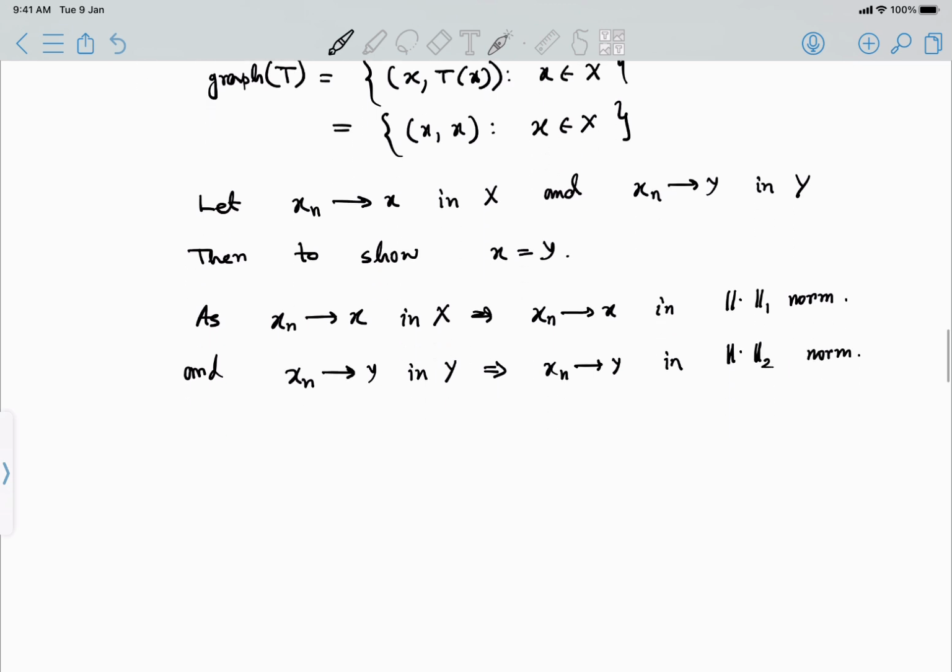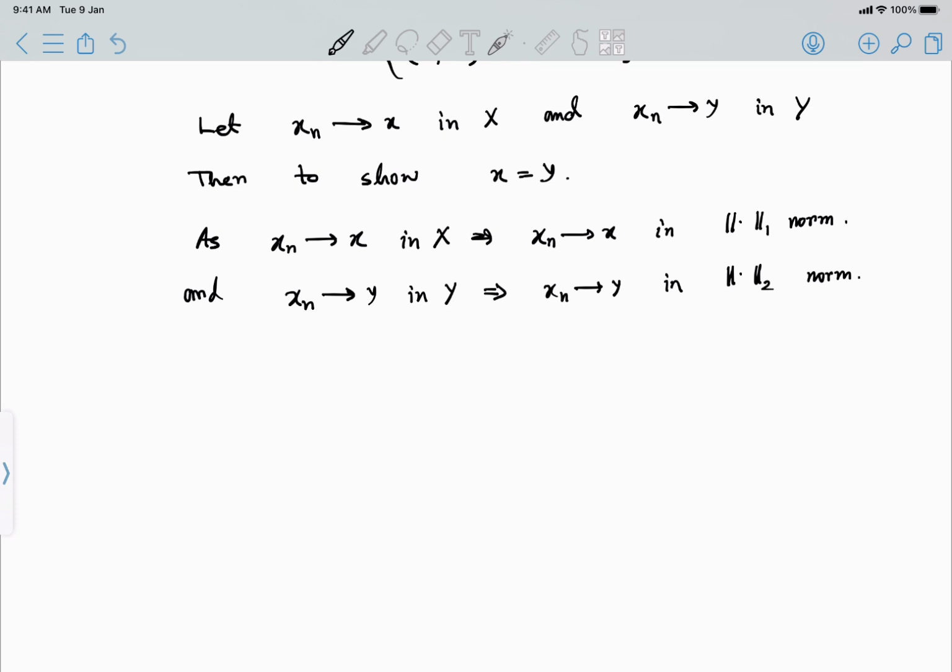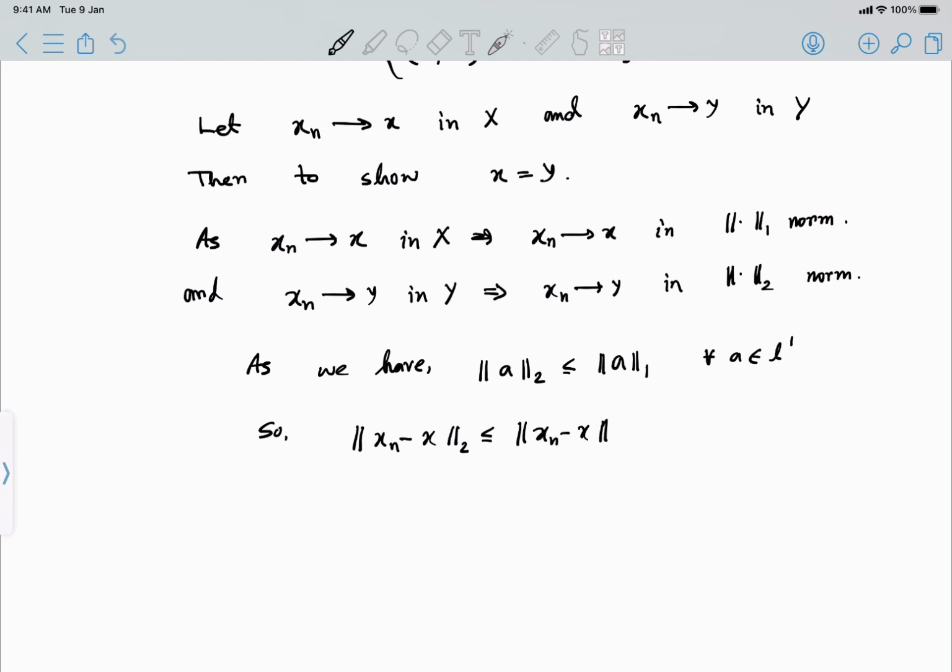And as we have said that the L2 norm is less than the L1 norm for all a in L1, so the L2 norm of xn minus x is less than the L1 norm of xn minus x.